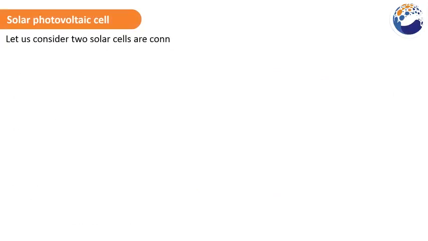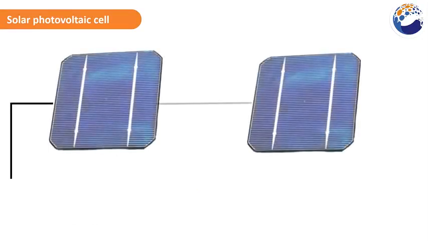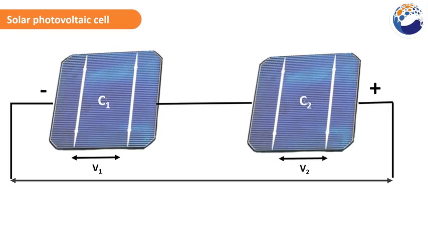If two solar cells are connected in series, let's say the two solar cells are C1 and C2. Potential difference generated by C1 is V1 and potential difference generated by C2 is V2. The potential difference obtained from this combination is the addition of the potential differences of individual solar cells, that is V1 plus V2.